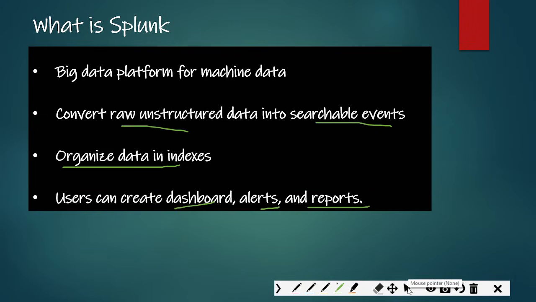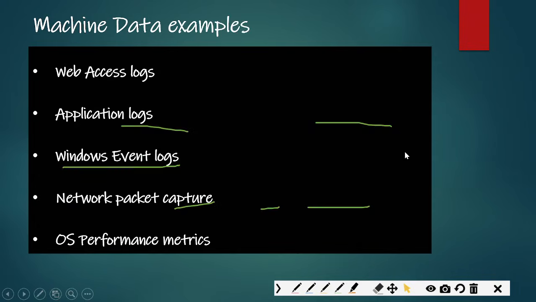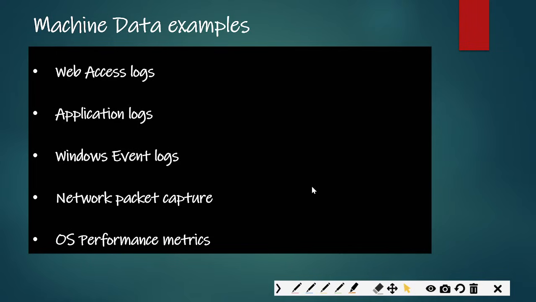So what is machine data? Machine data is nothing but digital exhaust produced by servers, applications, network devices, etc. Some machine data examples are web access logs, for example your Nginx logs, your Apache server logs, your IIS server logs.